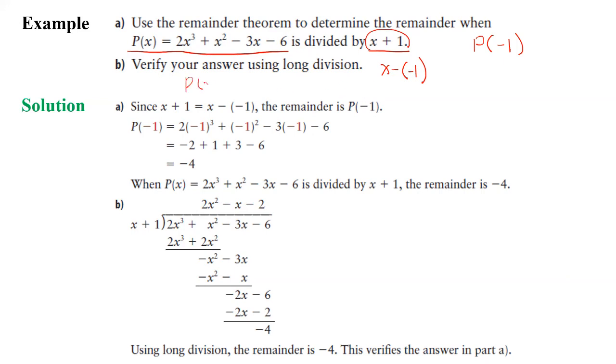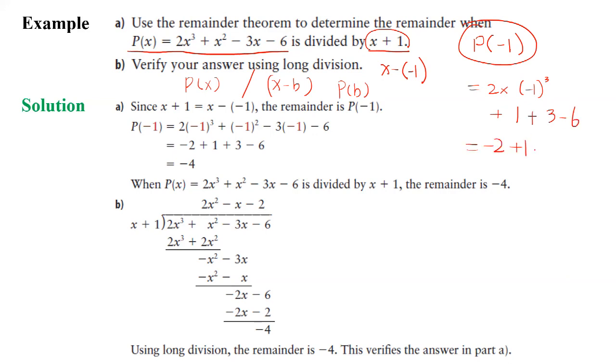So p(x) divided by x minus b, the remainder must be p(b). So we can simply put minus 1 in p(x), which is 2 times (minus 1) to the power of 3 plus 1 plus 3 minus 6, which is minus 2 plus 1 plus 3 minus 6, which is minus 4, right?